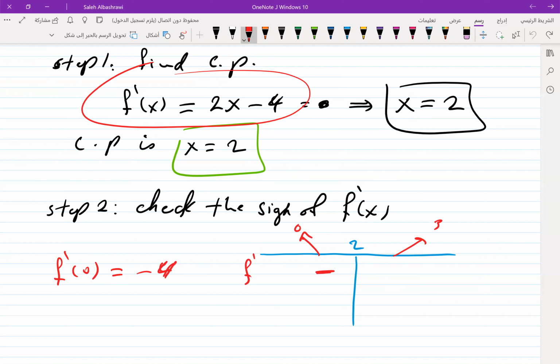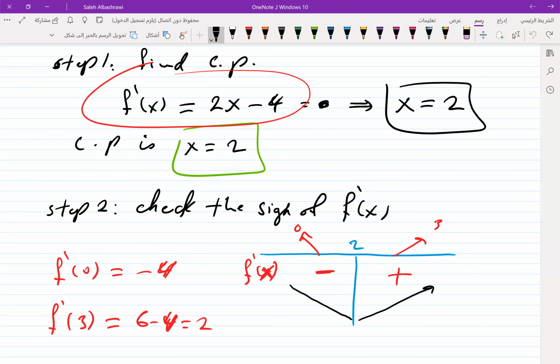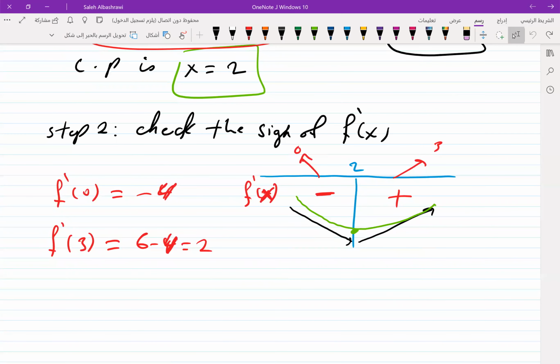F prime of x is negative in the interval less than 2. If we replace x by 3, f prime, it will be 6 minus 4 is equal to 2. So it is positive. So the derivative is down, then up. Down and up, which means the function f has a relative minimum at x equal to 2.